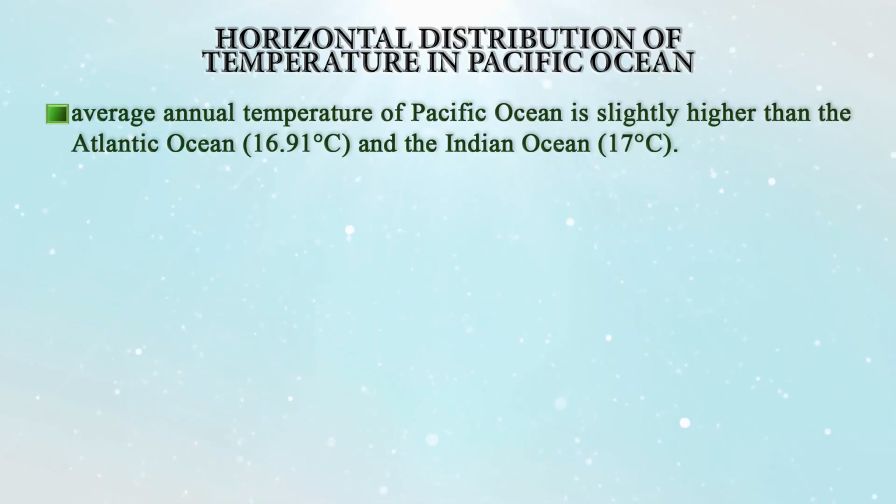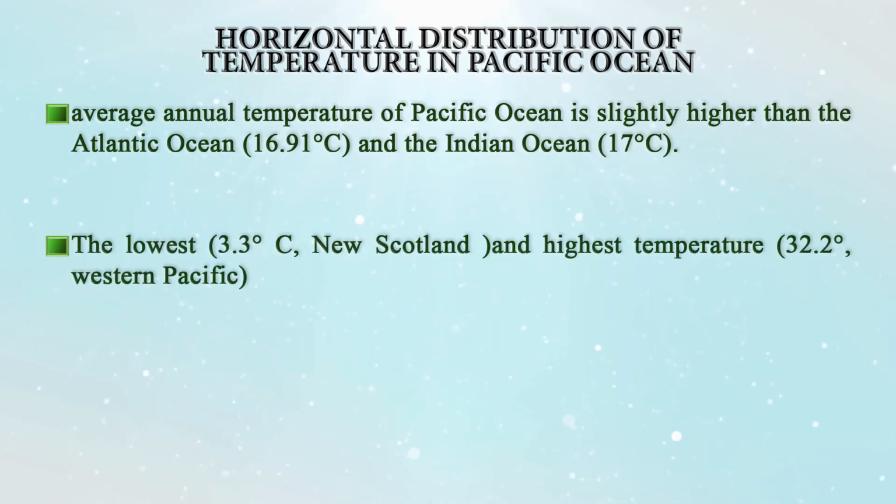Let me first explain the horizontal distribution of temperature in the Pacific Ocean. Average annual temperature of the Pacific Ocean is slightly higher than the Atlantic Ocean and Indian Ocean. The lowest temperature is about 3.3 degrees centigrade, which is recorded near Nova Scotia, and the highest temperature is about 32.2 degrees centigrade, recorded in about the Western Pacific Ocean.